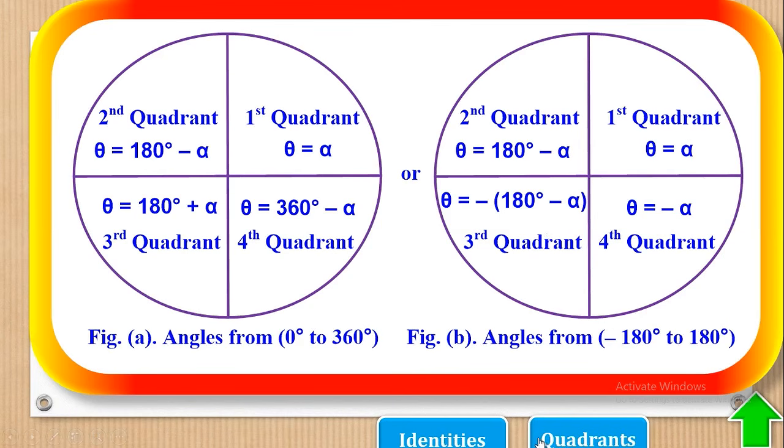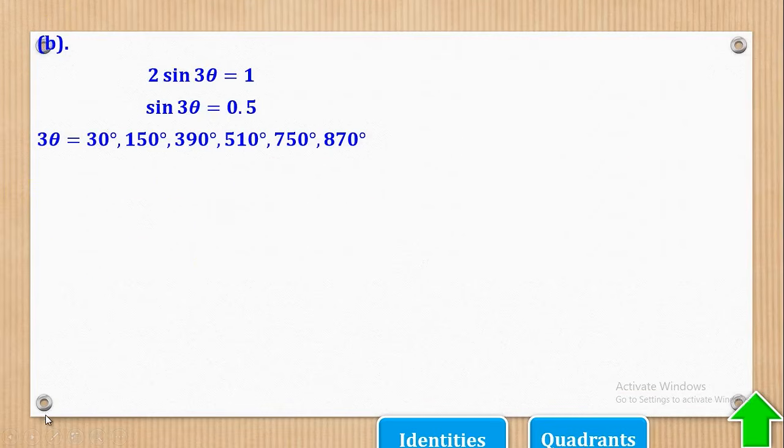So here we shall say that this is your first quadrant angle, it is 30. Then the second value will be got by saying 180 minus 30, which is 150. Now from there, all these ones proceed by adding 360 to each.